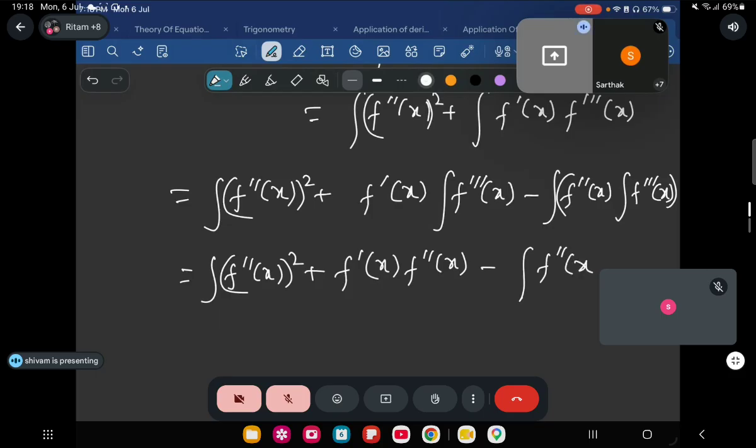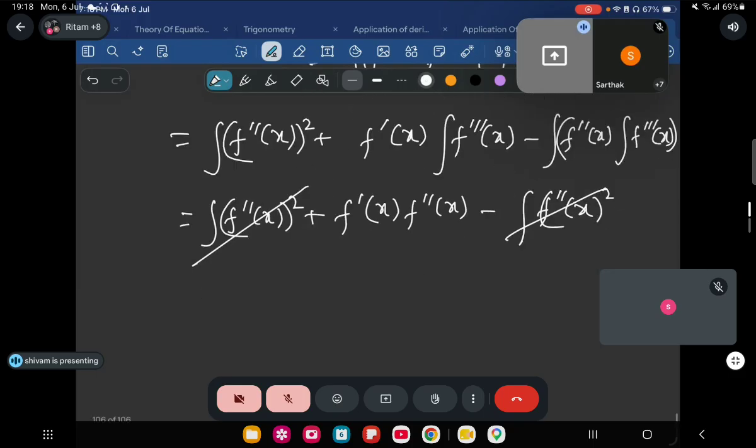So it becomes f double dash x whole square. Can you see that these two will get cancelled? Finally, you get g of x equal to f dash x into f double dash x.